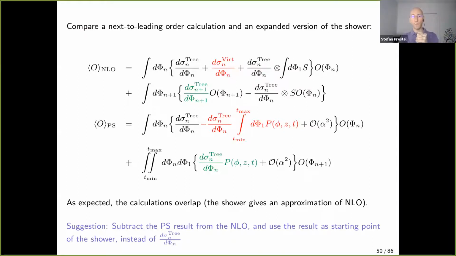For the parton shower, now if you only think of its expansion, the parton shower itself will act on a tree level prior distribution and will distribute that over a potentially larger set of final state particles.